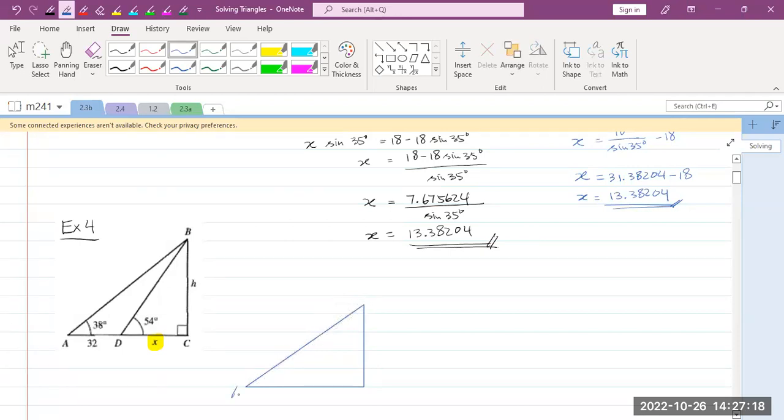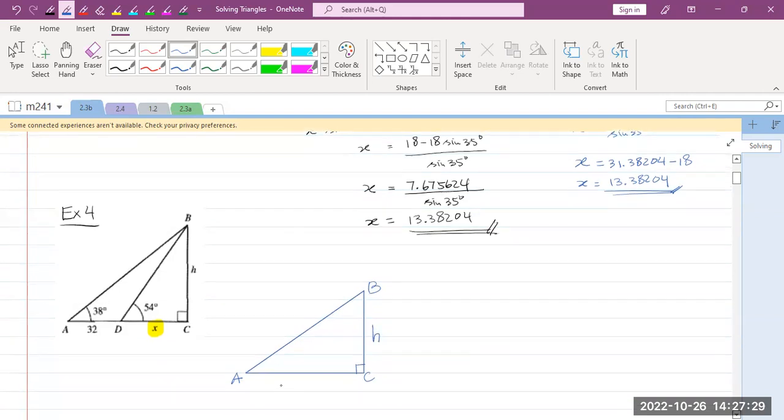Triangle ACB, right angle at C, right? Okay, and then BC is h. AC is not 32, it's 32 plus x. Now think about it. Part of that is 32.